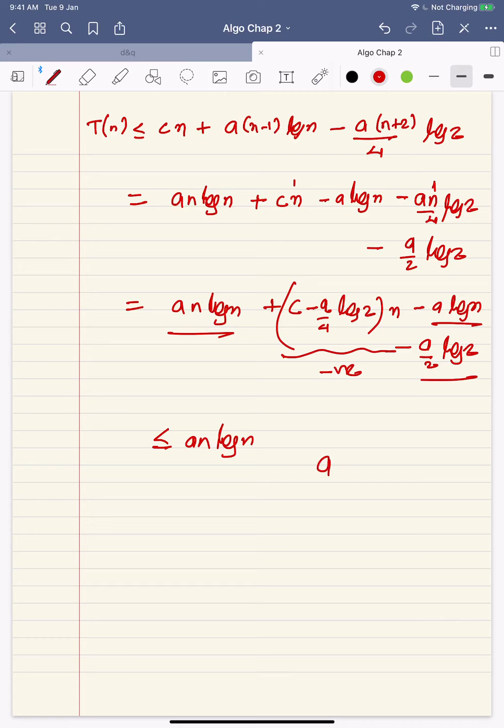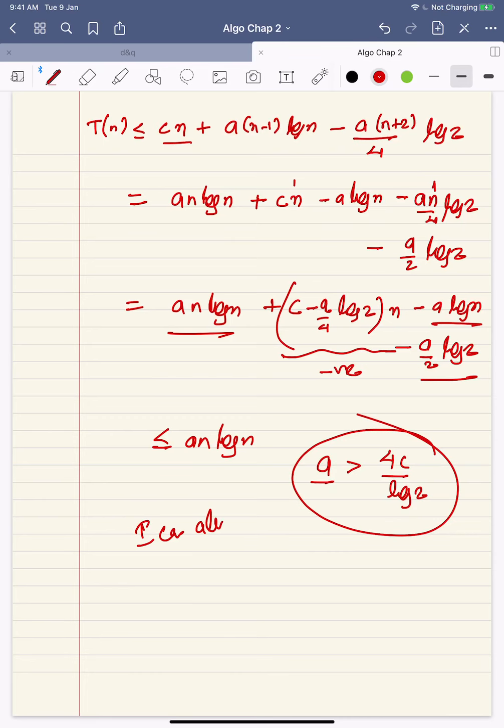When a is greater than 4c by log 2. Given c, because remember c is for the partition 1, I can find c first. Given c, I can always find an a such that this holds true. So for this, I can prove that Tn is less than or equal to a n log n.